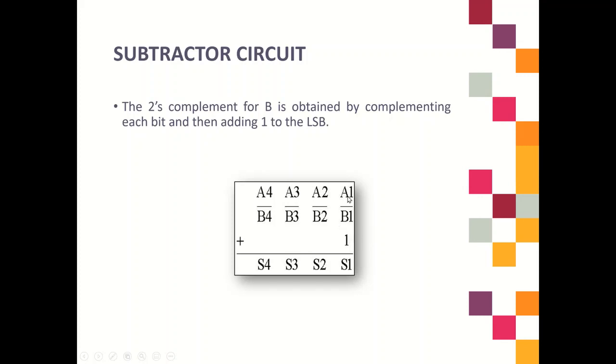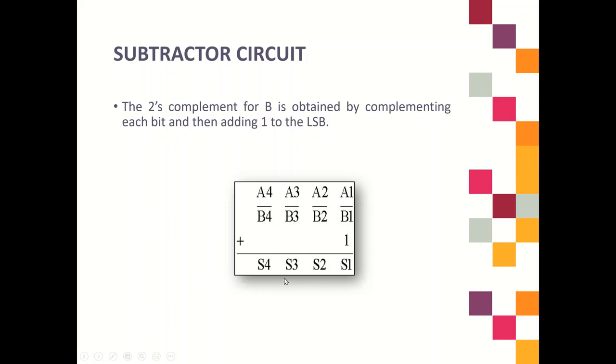So we will perform the process of subtraction by using this format. You have 4 bits for A and 4 bits for value B, and each bit of value B you need to complement, and then you add 1 to the least significant bit.